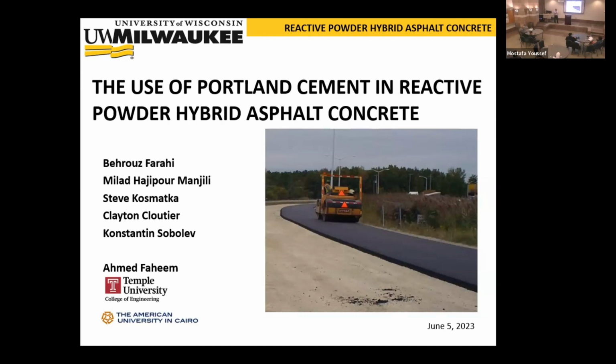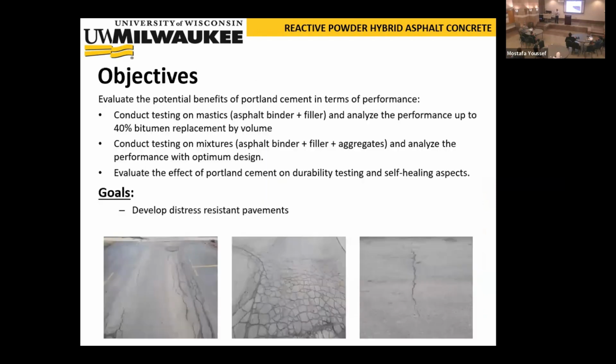Thanks for your honesty. So this presentation is about the use of active cement, or cement as active powder, in mix design. In other words, we're trying to marry asphalt and concrete together to get the benefit of both in our pavements.